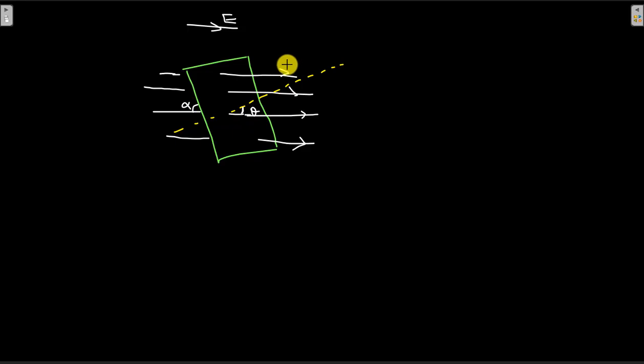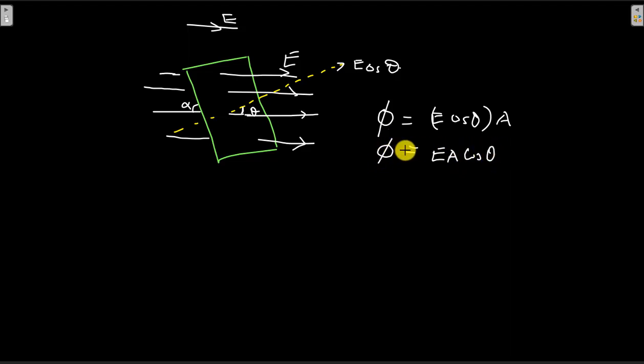So in this case, the component of the electric field that is passing through this area perpendicular to it is E cos theta, and so our electric flux is going to be given by E cos theta times the area. To make it more general, we have E times A times cos theta, and this gives us the electric flux through an area.